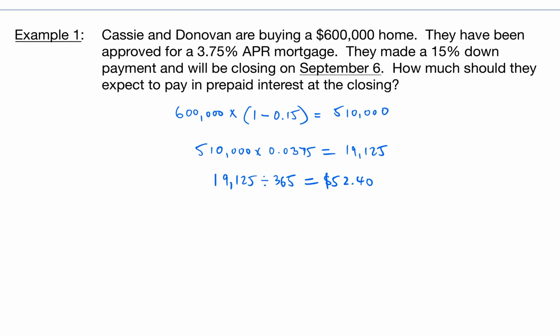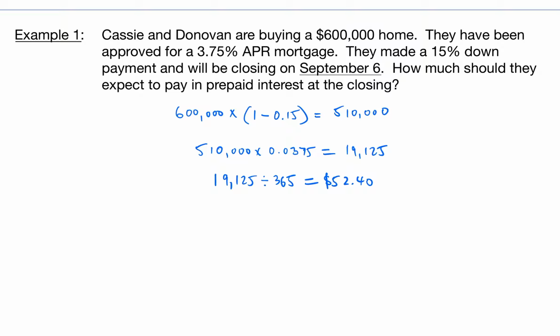$52.40, okay? And if you take a look at the date of closing, September 6th, okay, and since their first payment won't take place until October 1st, we have to calculate how many days there are from closing date till the end of the month. And September has 30 days, so then 30 minus 6 would give us 24 days of interest that they would have to pay.